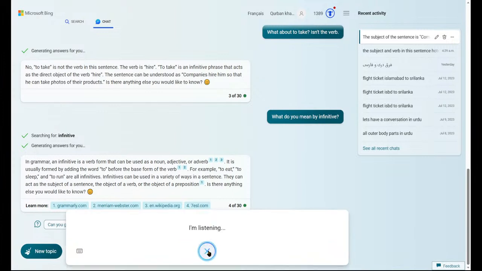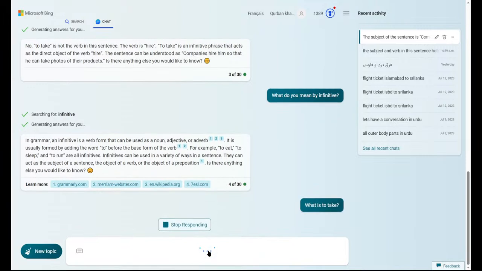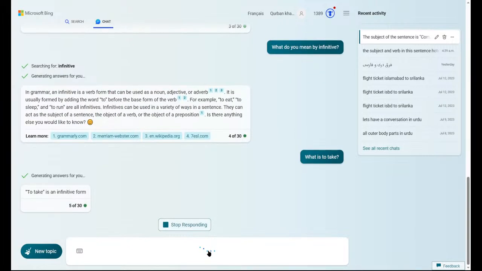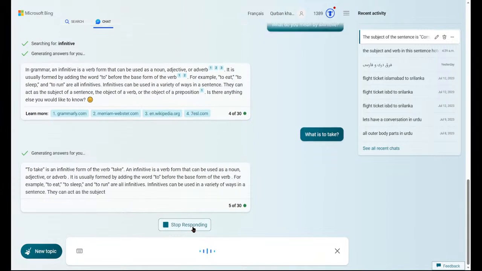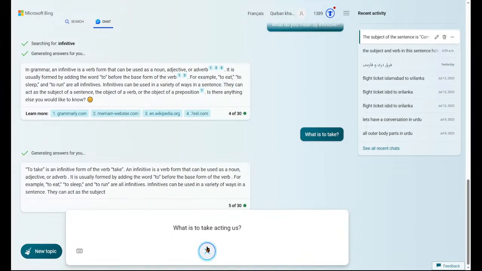What is to take acting as? To take is an infinitive form of the verb take. What is to take acting as in this sentence?